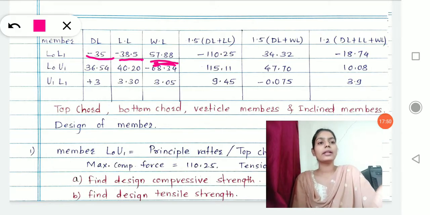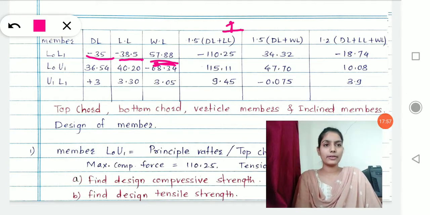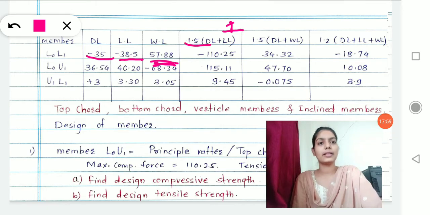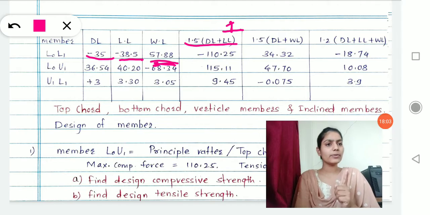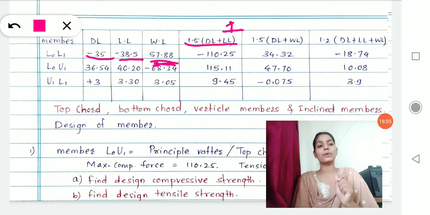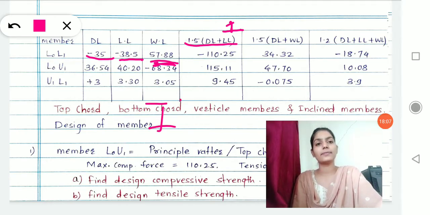Now see here, I made the first combination like this: 1.5 into dead load plus live load. 1.5 is what? The load factor. Where will you get that? You will get that in IS 875, edition 2007.